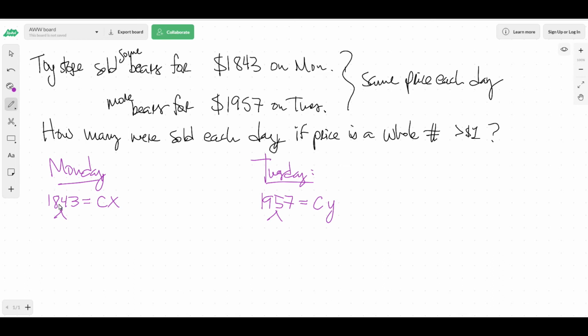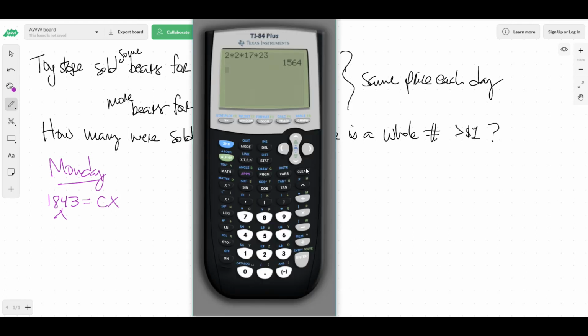Let's see. So it's 9 plus 7, 16. That's not going to work. Yeah, and let's see. 2 doesn't work, 3 doesn't work, 4 doesn't work, 5, 6, 7. Does 7 work here? You know what?